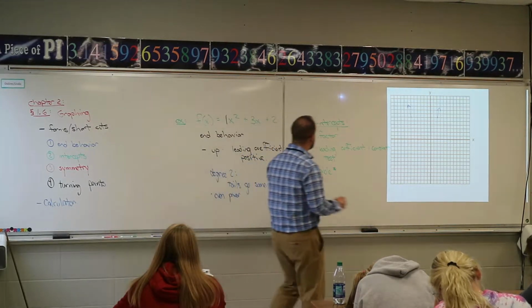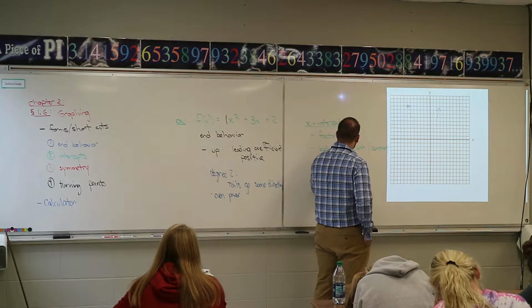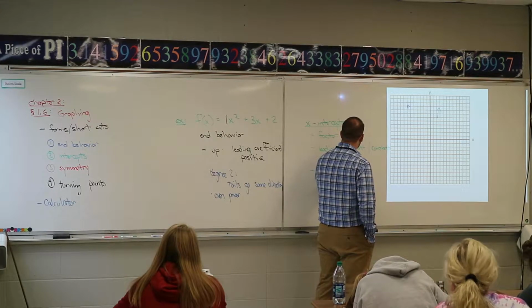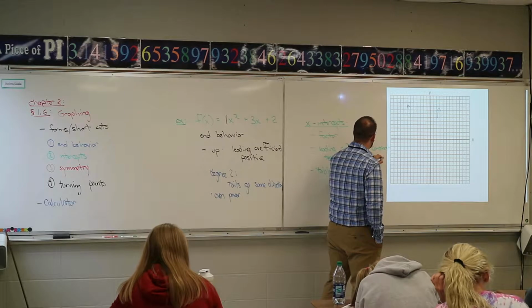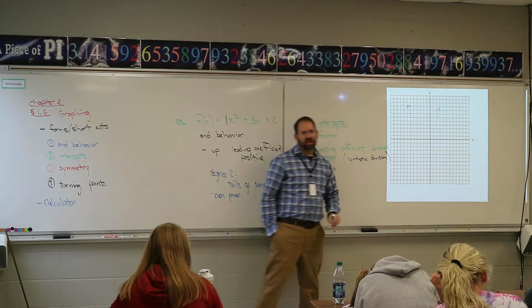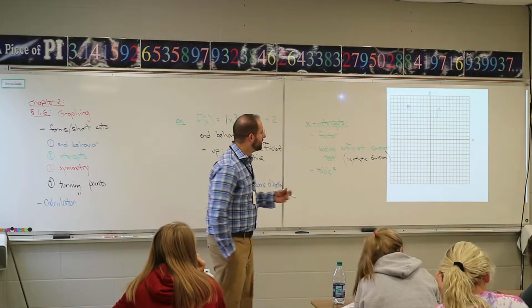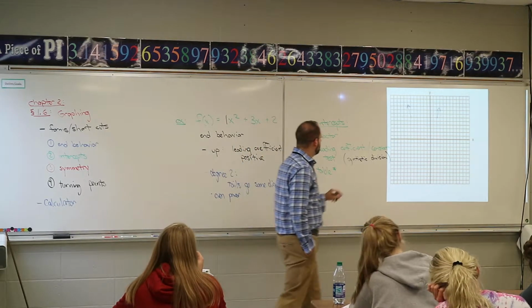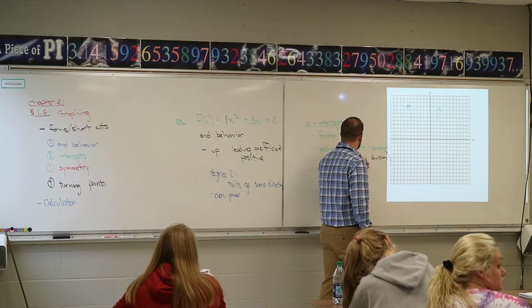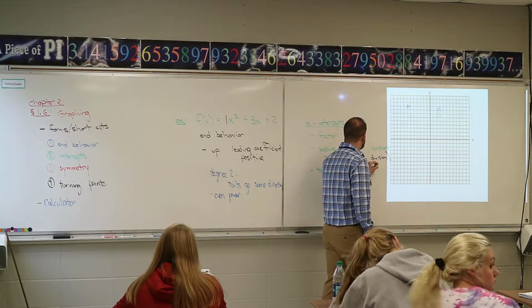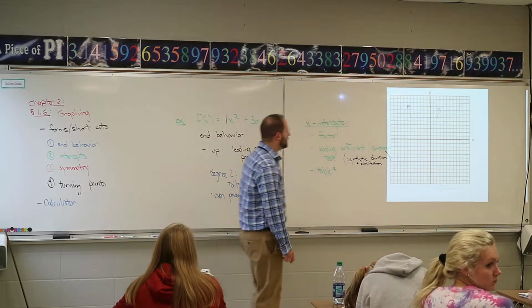Yeah, that's a part of this. We're going to do the synthetic division test. We use synthetic division or synthetic substitution, if you will. That's a part of that leading coefficient test.